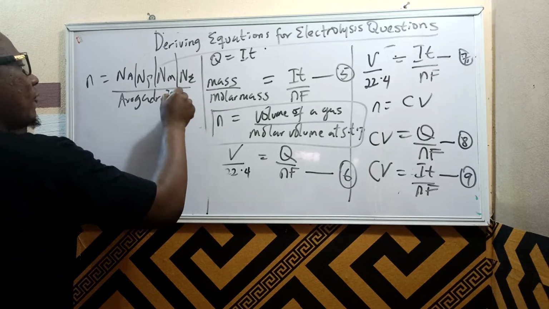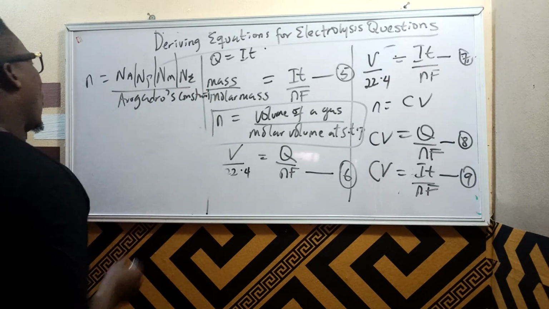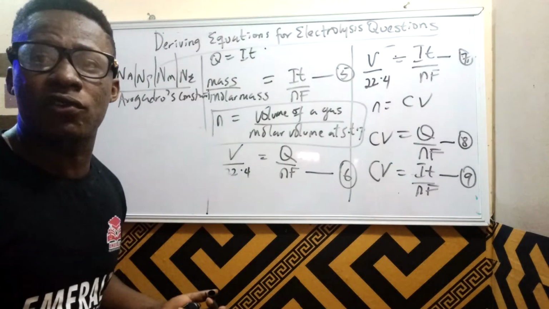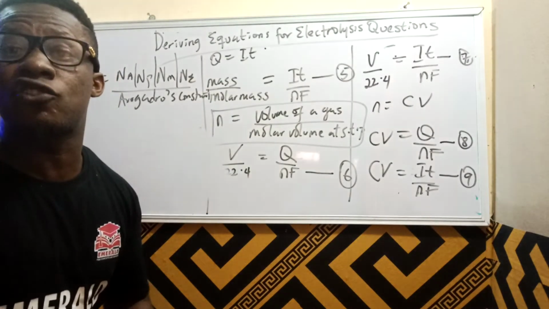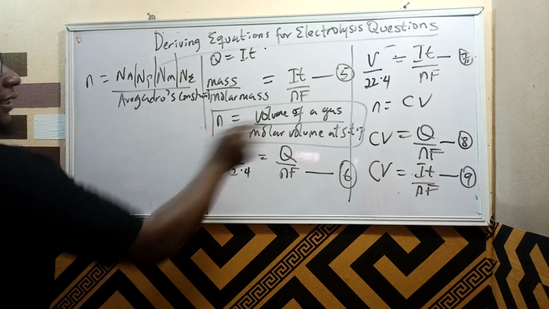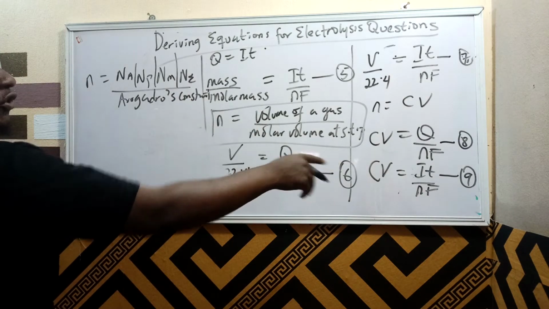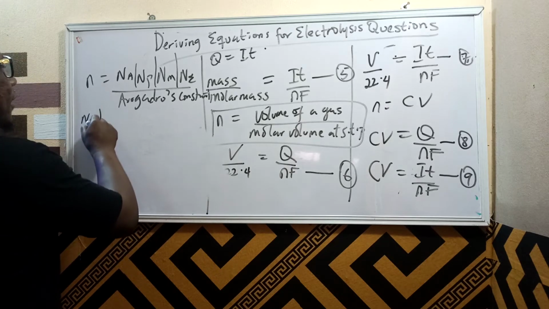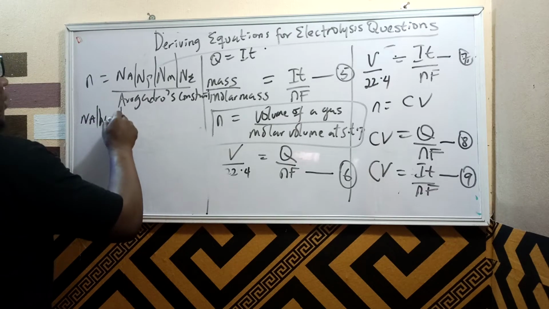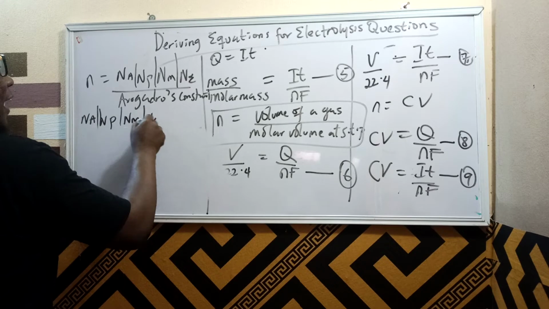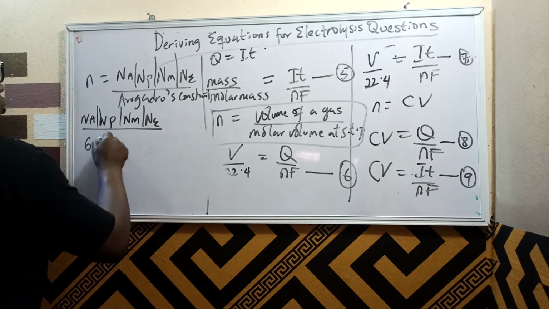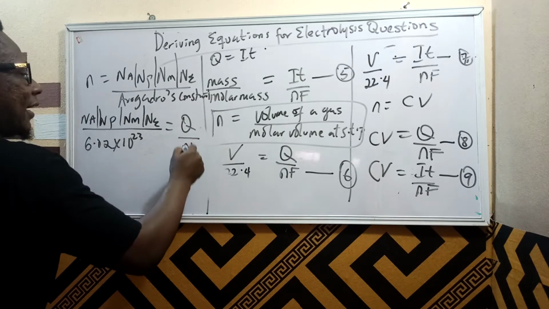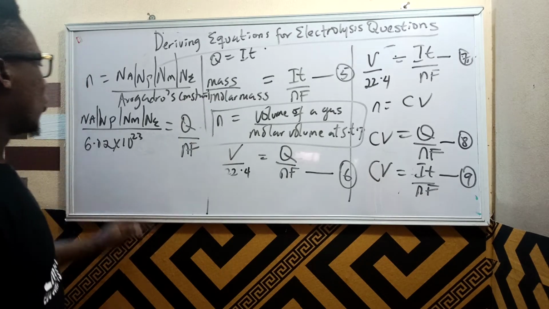Since Avogadro's constant is 6.02 times 10 to the power 23, substituting it here, we can say Na, Np, Nm or Ne over 6.02 times 10 to the power 23 is equal to Q over nF.